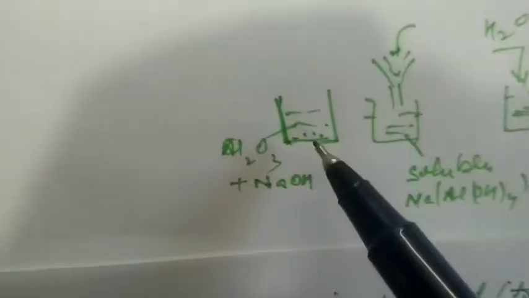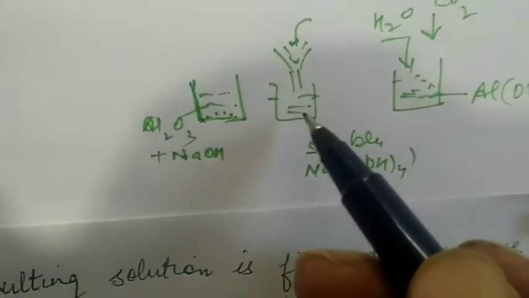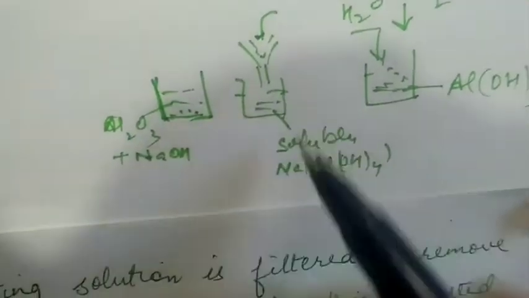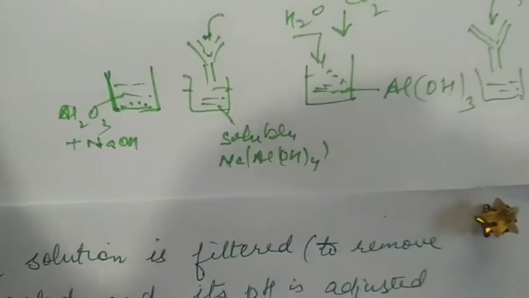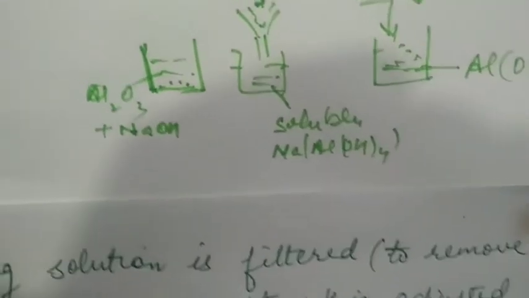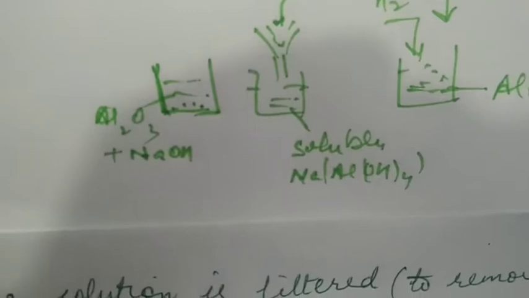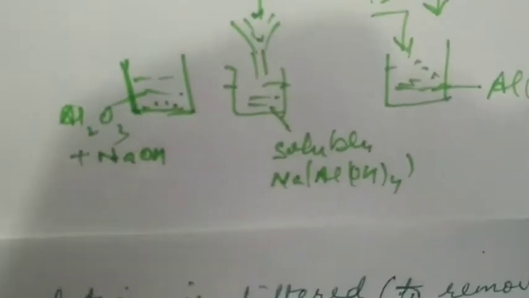The alumina will dissolve in sodium hydroxide, forming a soluble solution, whereas the impurities will not dissolve. So these can be filtered. So impurities remain at the top, whereas soluble sodium aluminate is present in the solution. Also, if silica is present, it also forms a soluble part of the solution.